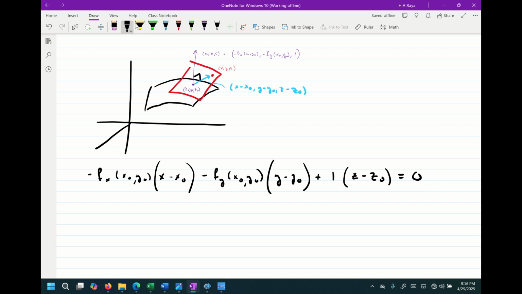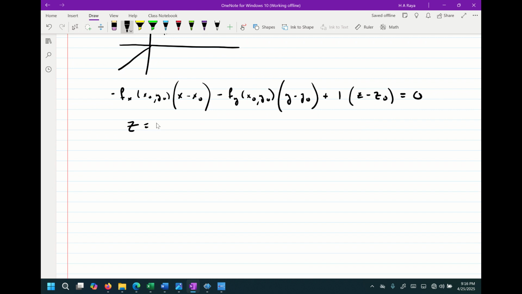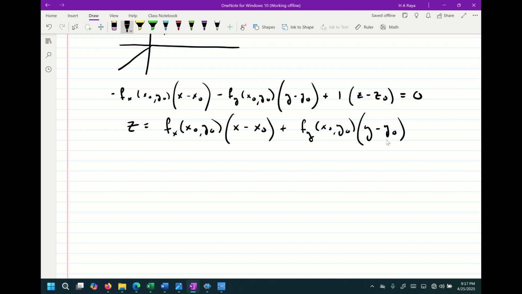So we can take this equation and rewrite it in a more convenient way. If I take this equation and solve for z by moving these elements over to the right-hand side, I would have that z is equal to the partial derivative of f with respect to x at x naught, y naught times x minus x naught, plus the partial derivative of f with respect to y at x naught, y naught times y minus y naught.